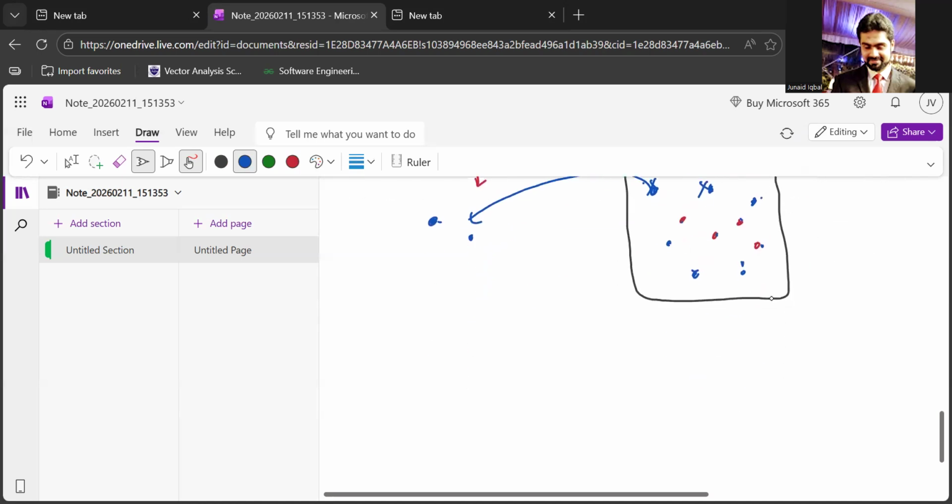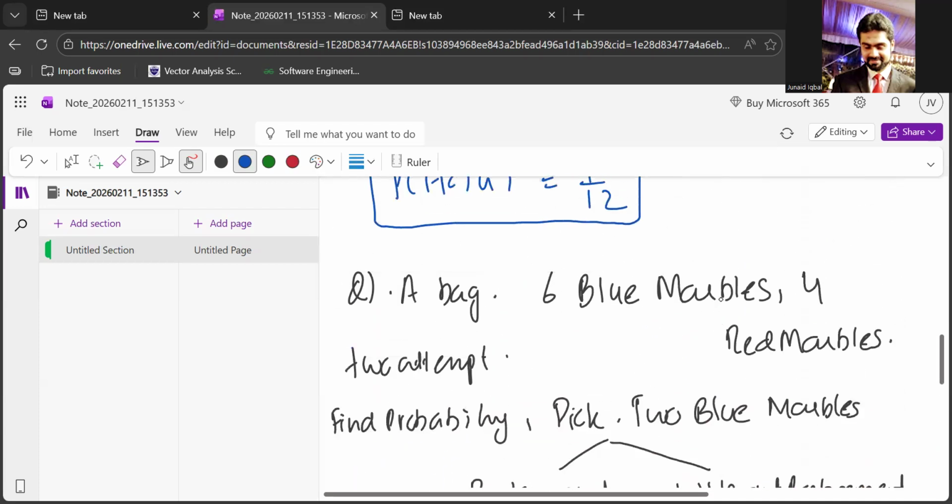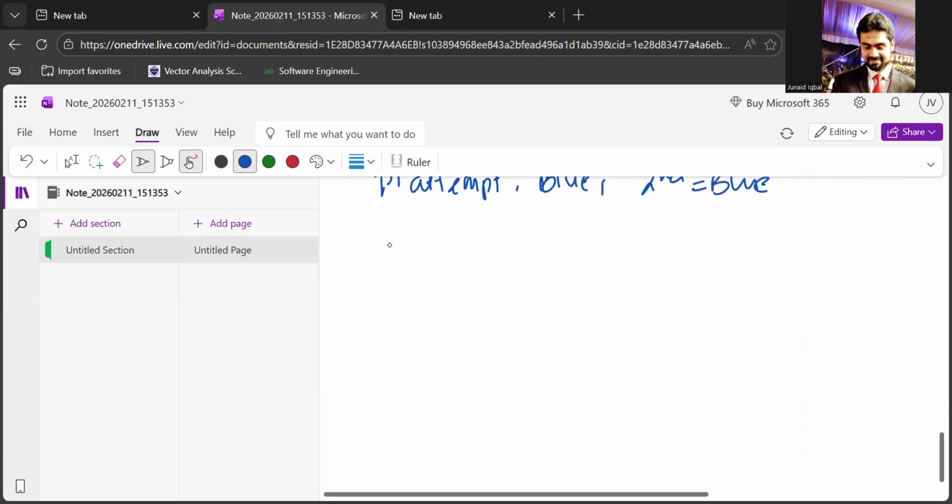So I'm going to start with without replacement, and they will mention it in the question in the IGCSE and in Edexcel. If I want to do this question without replacement, in the first attempt picking blue and the second attempt picking blue, first of all I have to see I have 6 blue marbles, and the probability of finding blue is 6 upon overall 10.